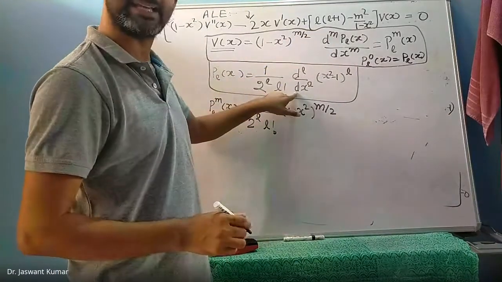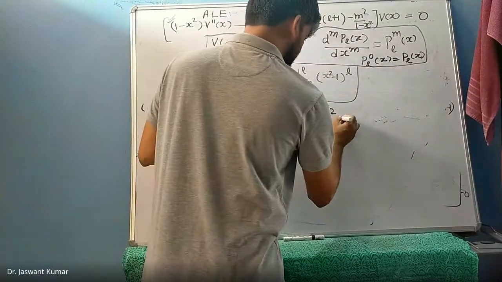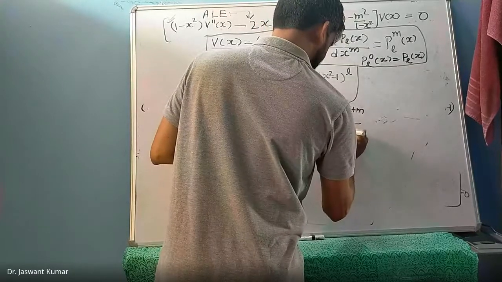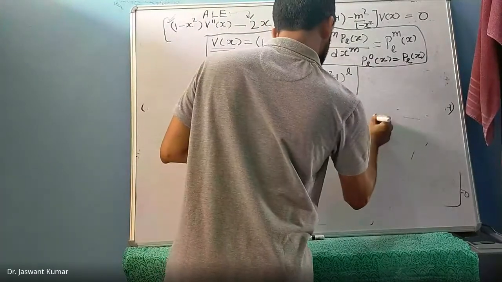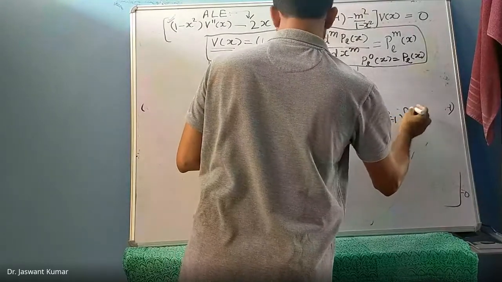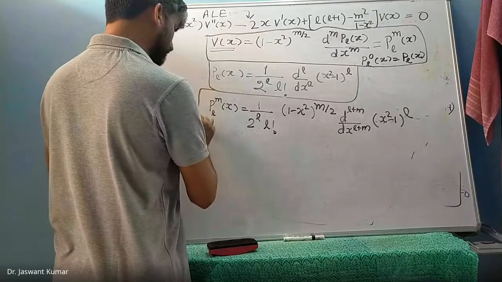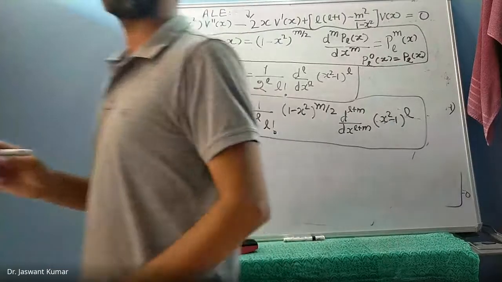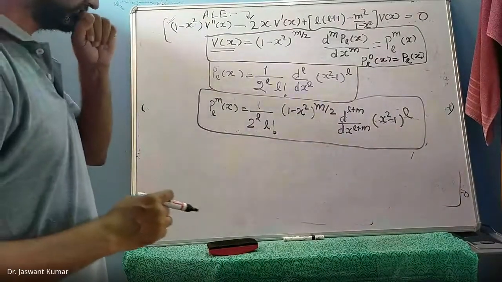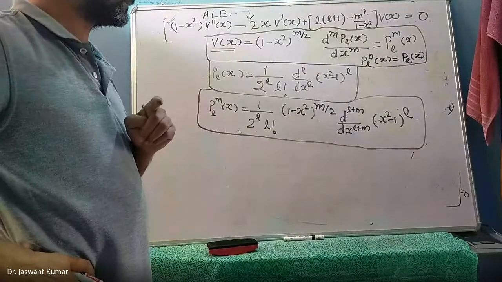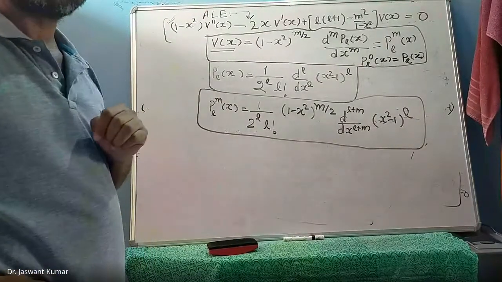Since this was already an Lth derivative, I write it as d^(L plus m) by dx^(L plus m) of (x squared minus 1) to the power L. Please tell me if you got this or not, because this is very important. Yes, sir. You got it? Shabash.